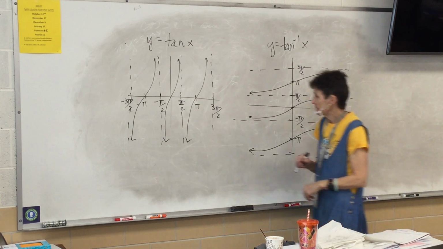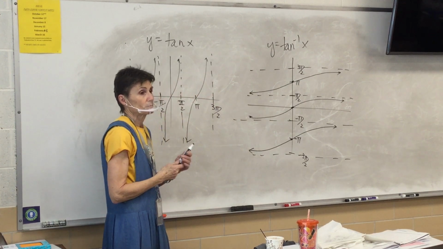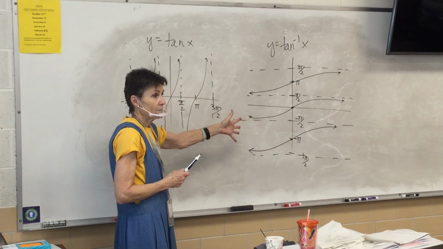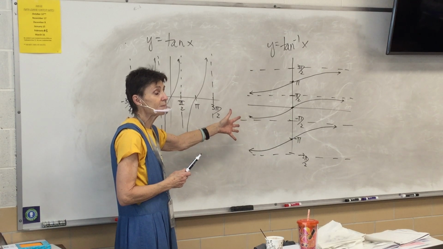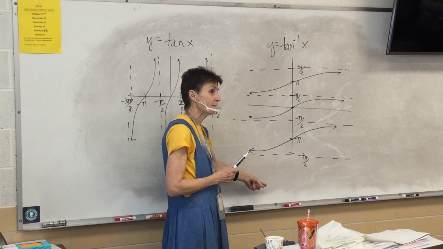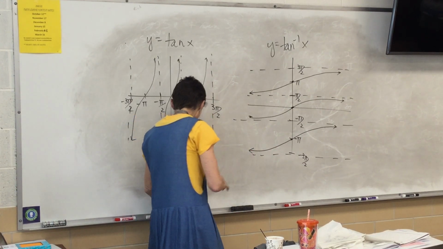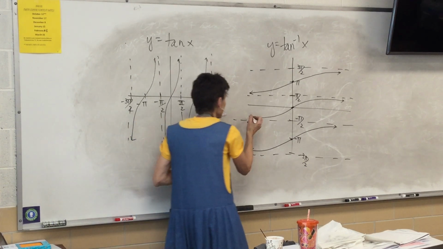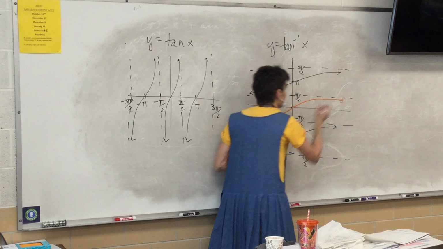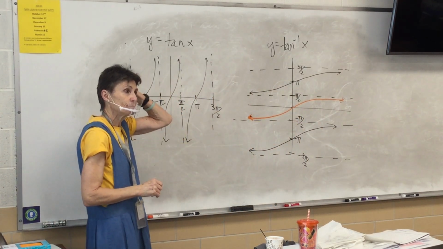Okay. Is this thing a function? Yes. No. Yes? No. This is not a function because it does not pass the vertical line test. So I'm going to do what I did before. I'm going to choose a section of it. Is that little chunk a function?